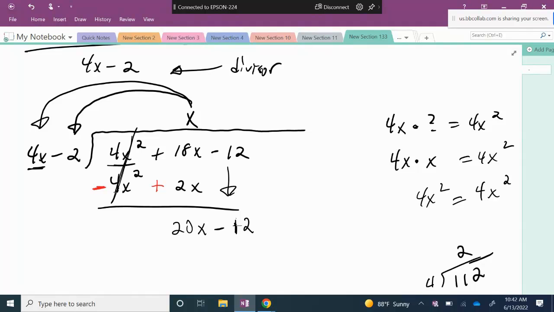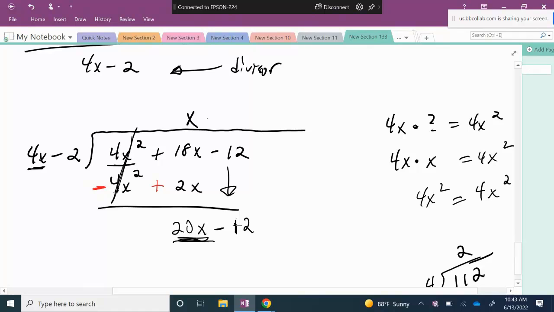All right, so I'm going to repeat the process from the earlier step. I'm going to concentrate on my first terms. I have 4x and 20x. 4x times what value will give us 20x? 5. So we're going to multiply by 5.